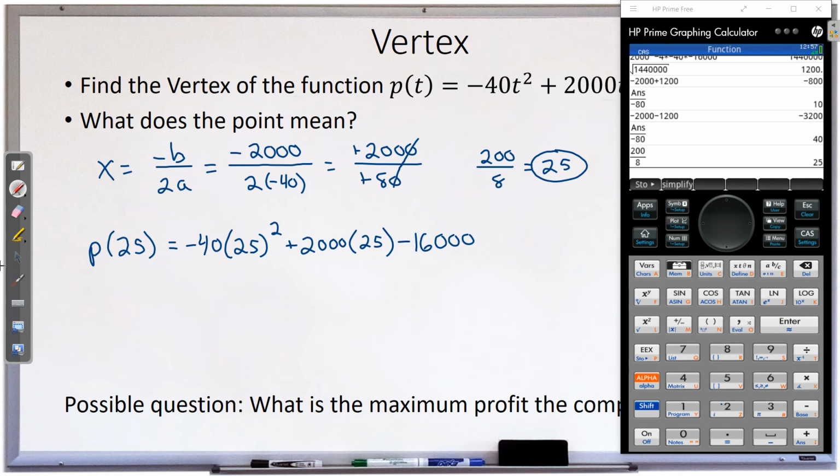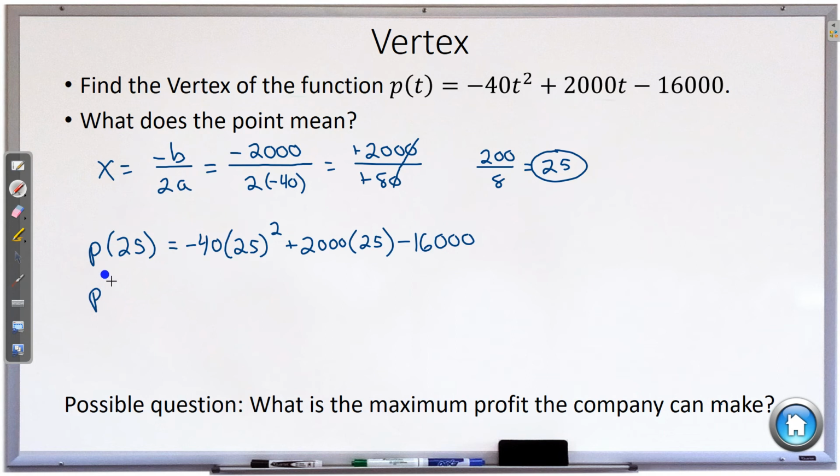So let's do this. We'll do 25 squared times negative 40, which gives me negative 25,000, plus 2,000 times 25 brings me to 25,000 minus 16,000, which brings us to a total of 9,000, it looks like.